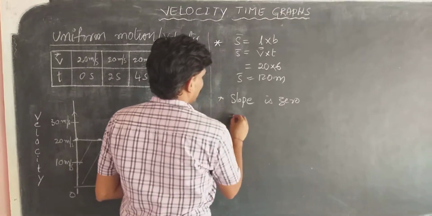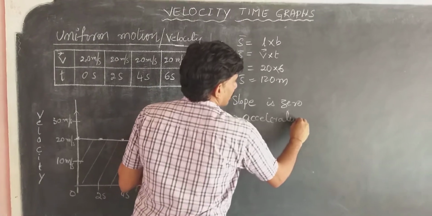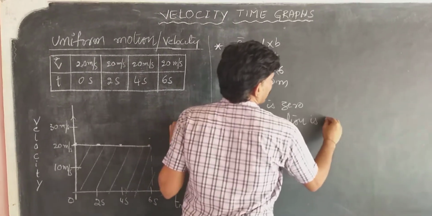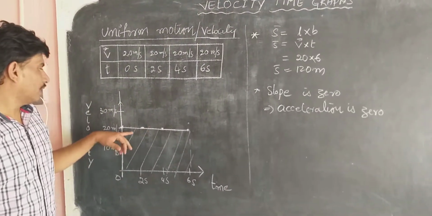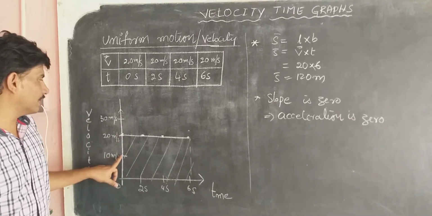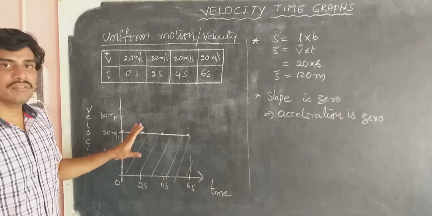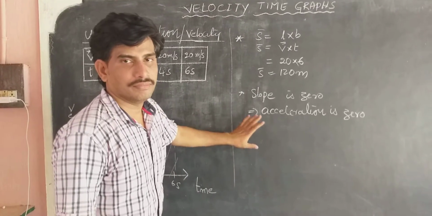That means the acceleration is 0. You can clearly observe here there is no change in its y component. Even as the time is increasing, there is no change in velocity. That is the reason acceleration is 0.